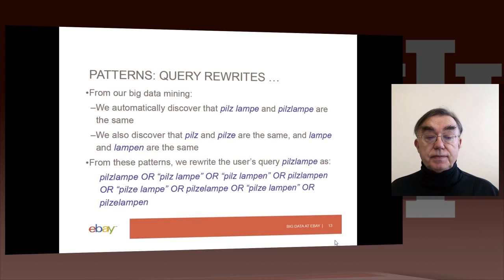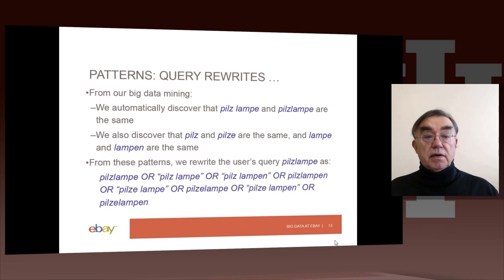And they effectively determine that various things are really identical. Namely, you can have an E on pills or not, you can have an M on lamp or not, you can have a space between pills or lamp or not. And you do this rewriting, and that's the query that actually gets given to your engine. So this is all learned from customer patterns, what actual customers do.